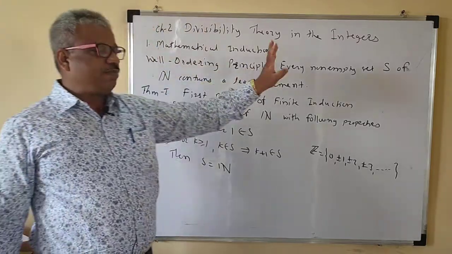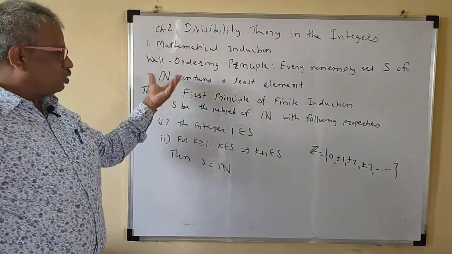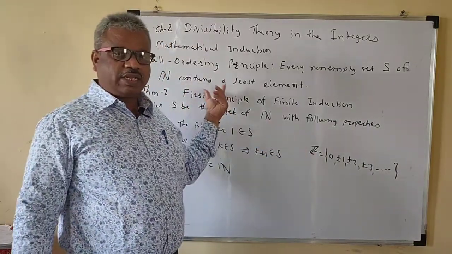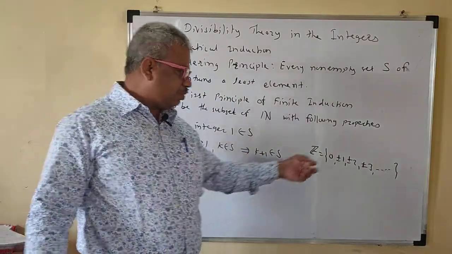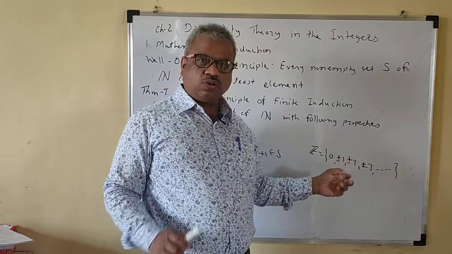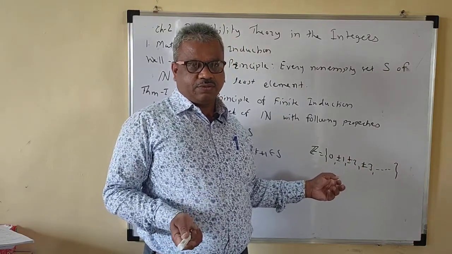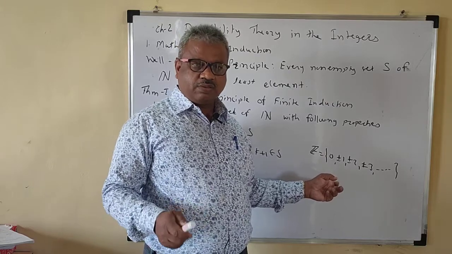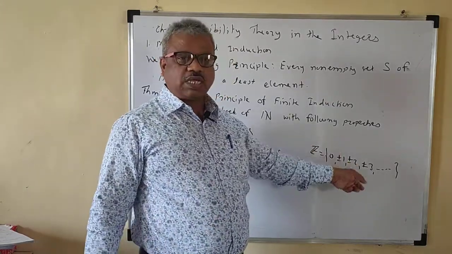Every non-empty set S of the set of natural numbers, that means, in terms of integers, the set of positive integers. The set of positive integers means 1, 2, 3. Note that 0 is not positive; 0 is neither positive nor negative, right? The positive integers are 1, 2, 3.